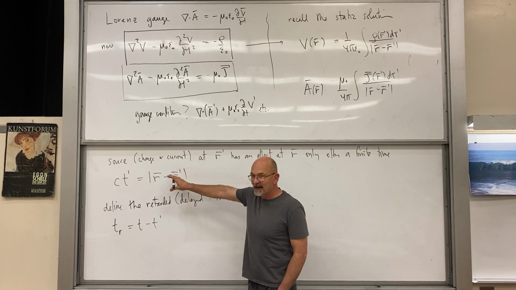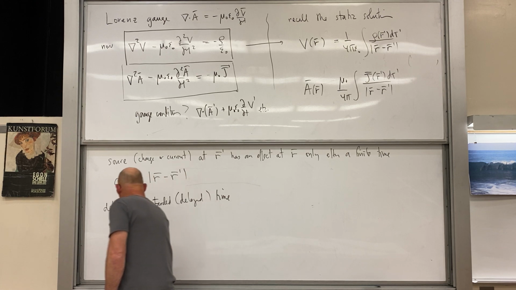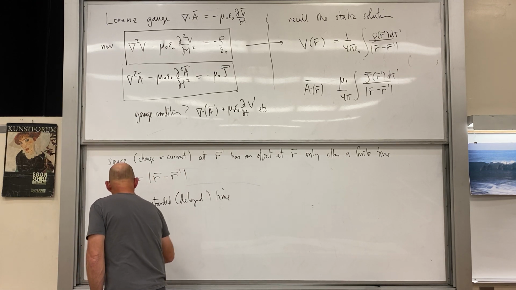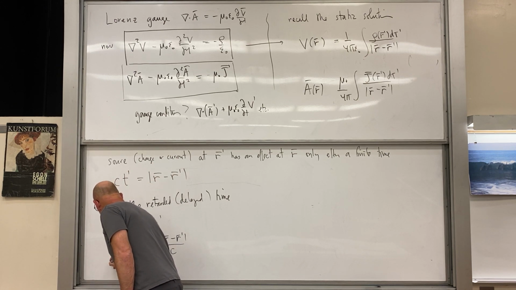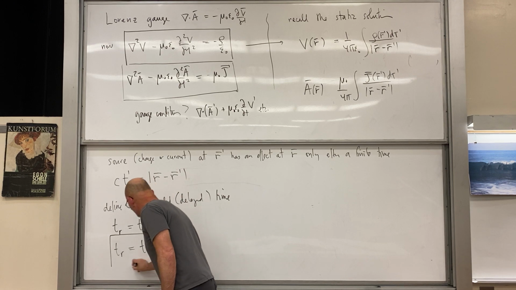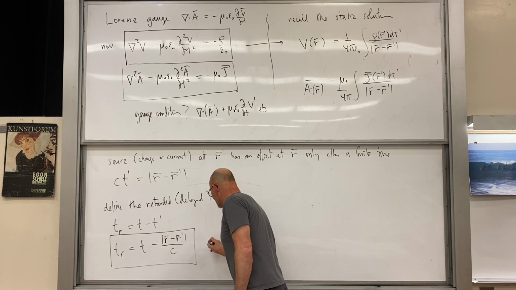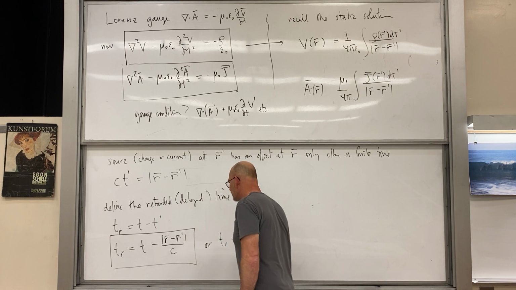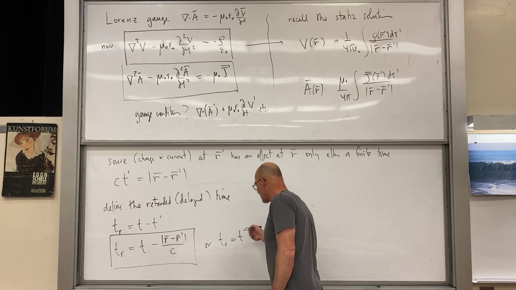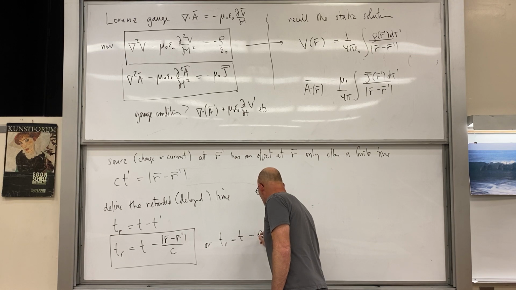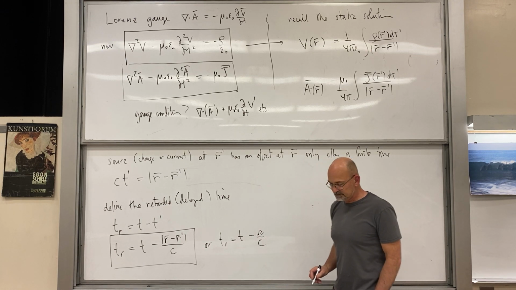T minus that time it took to go there, which is t_r equal to t minus the magnitude of r minus r prime divided by c. Or you can use that cursive r. You've got to be careful of the difference between the unit vector. So this r over c.